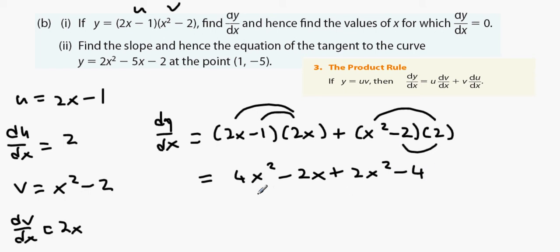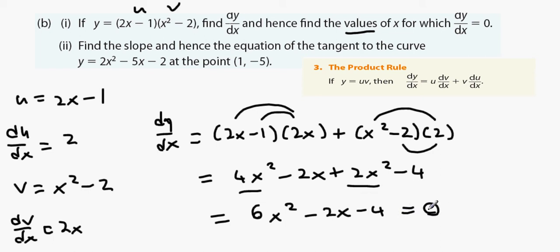Now, you notice that 4x squared plus 2x squared is 6x squared, so we end up with 6x squared minus 2x minus 4. Now we're told dy/dx equals 0, and we have to find values. Values is a plural, which means there's going to be more than one answer for x.